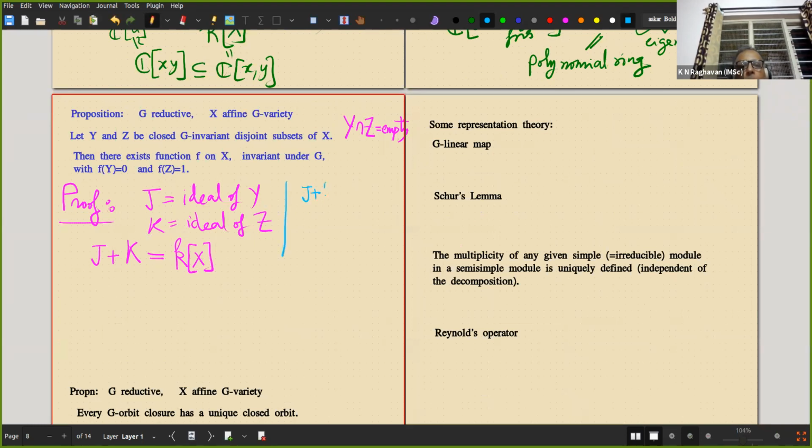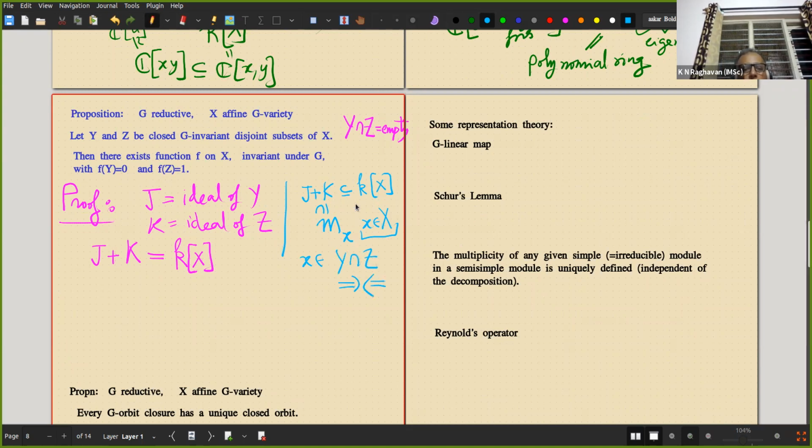Suppose J plus K were a proper subset of the coordinate ring. Then it would be contained in a maximal ideal, and that would correspond to a point in X. So I can write it as m_x for some x in X. Now, every function in J would vanish at x, because this is the set of functions vanishing at x, and that includes J and that includes K. So x belongs to Y and x belongs to Z. So this would imply x belongs to Y intersect Z, which is a contradiction. It's just a simple consequence of the Nullstellensatz.